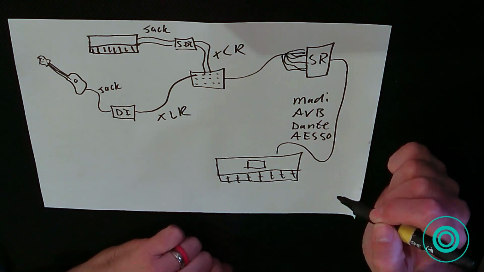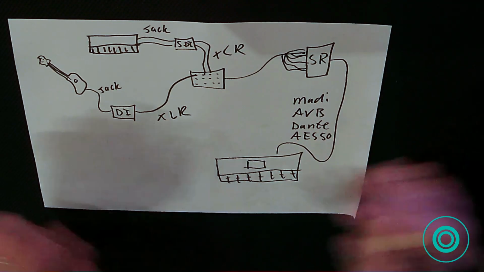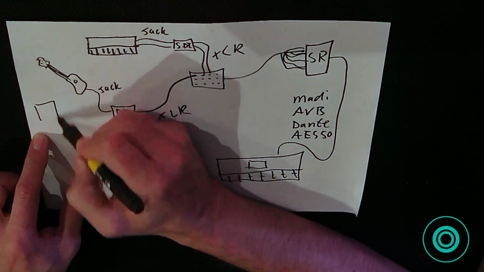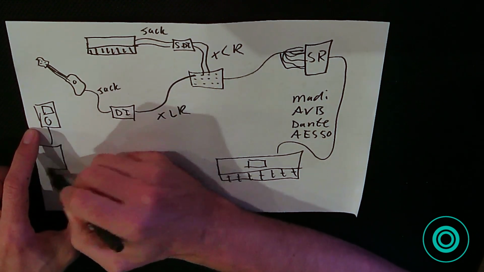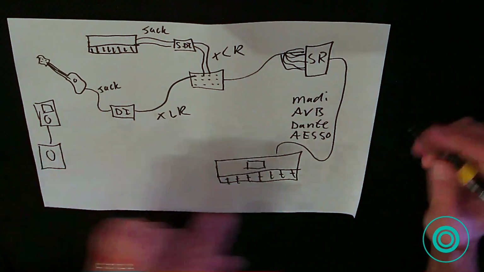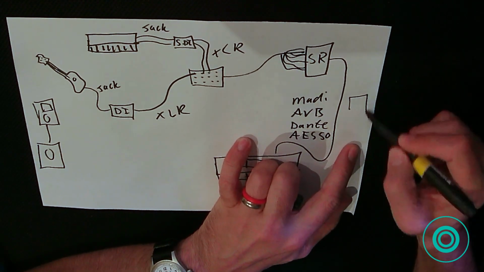So now we need to think about PA. So let's say we've got a PA system, and we'll throw in one more format just for fun. Let's say it's a simple little PA. It's got one top and one sub a side.